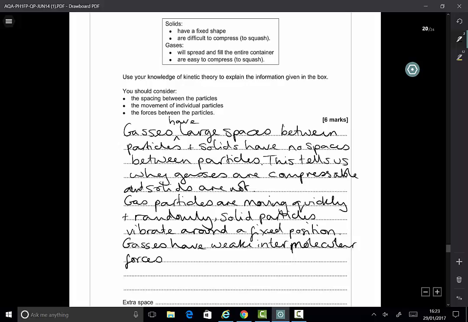All that means is between the particles. So you could just as well say gases have weak forces between the particles, and solids have strong forces.